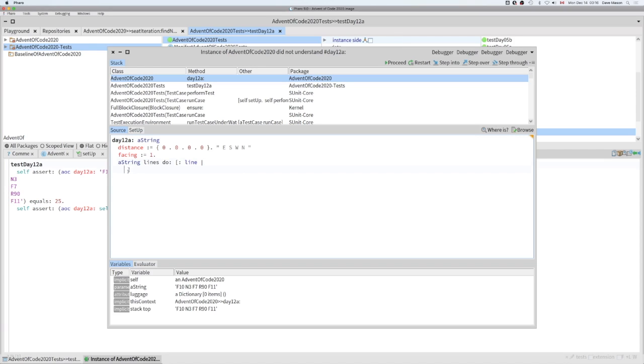And once we're done, we'll just take the Manhattan distance, which is the sum of the absolute value of east, so distance first, minus distance third, and we want the absolute value of that.